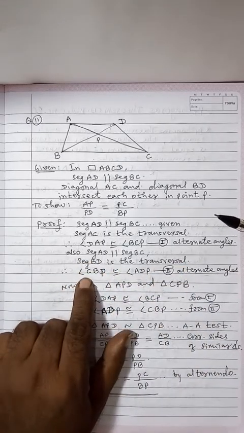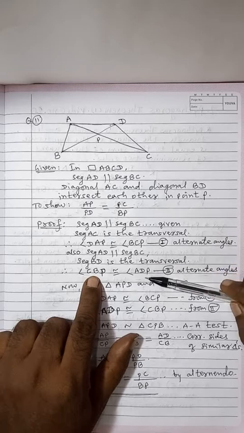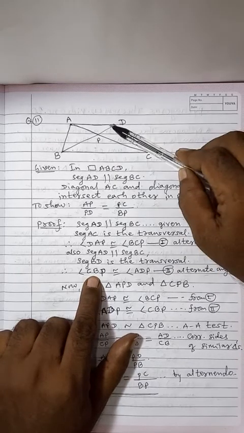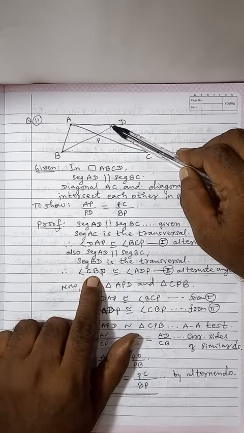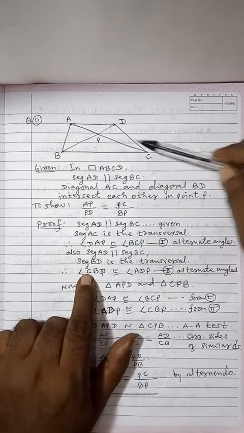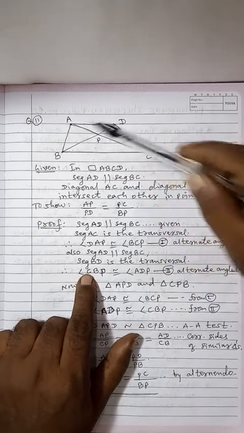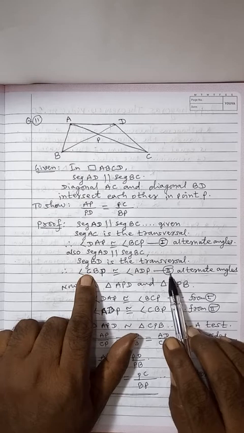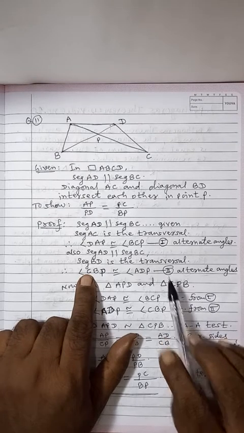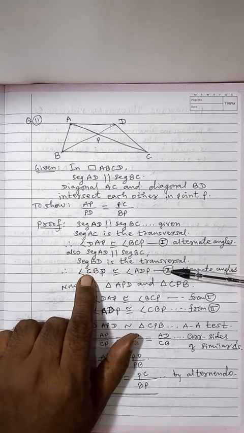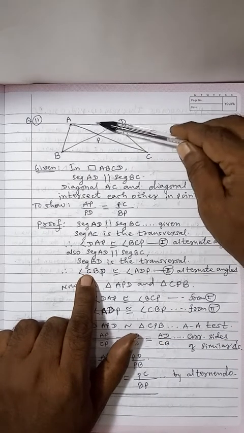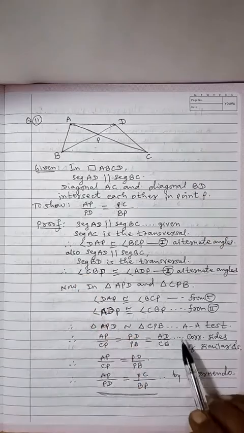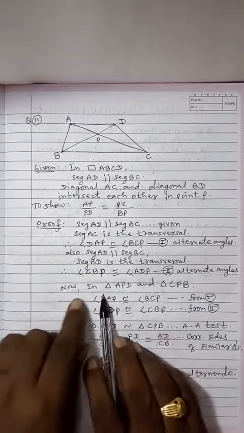Angle ADP is congruent to angle CBP. This is result number 2. So from 1 and 2, these two triangles are similar by angle test.